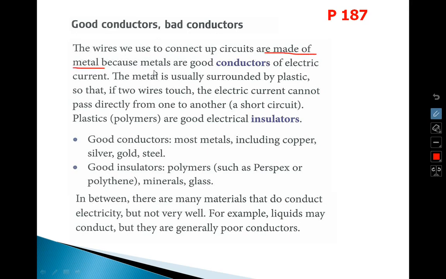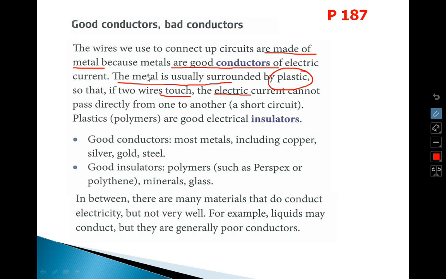Metal, because metals are very good conductors of electric current. The metal is usually surrounded by plastic, so that if two wires touch, the electric current cannot pass directly from one to another. This is called a short circuit.